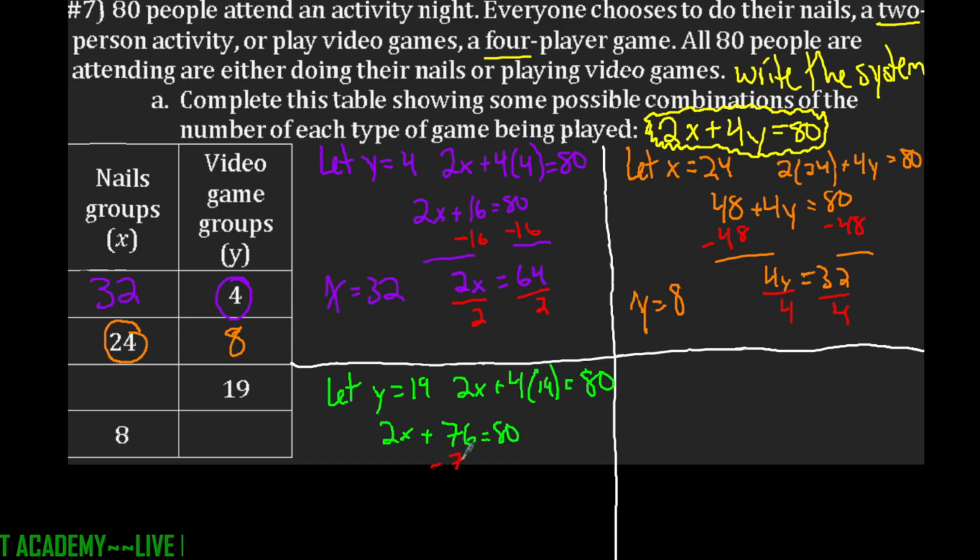Subtract both sides by that amount, so minus 76 to both sides. So I have 2x equals 4. And the last step, always divide by that coefficient, so divide both sides by 2. So for this one, x equals 2. So when x equals 2, our y value is 19.